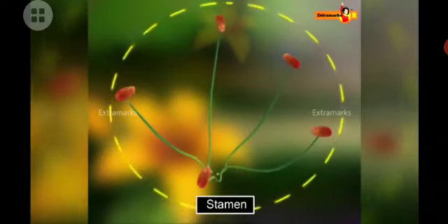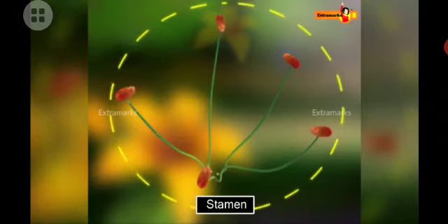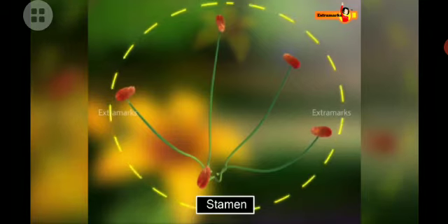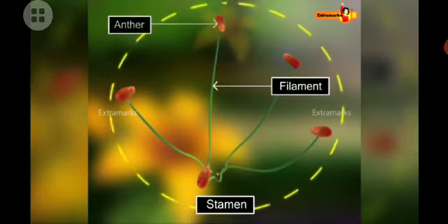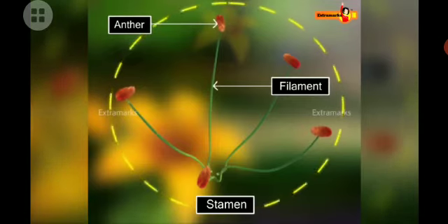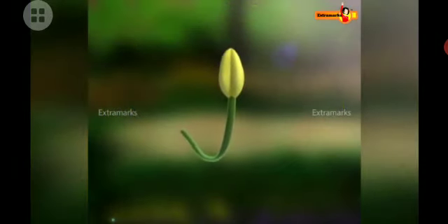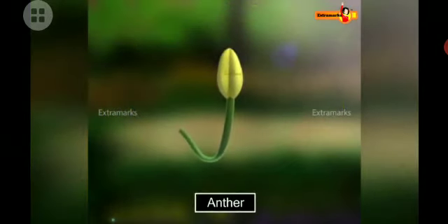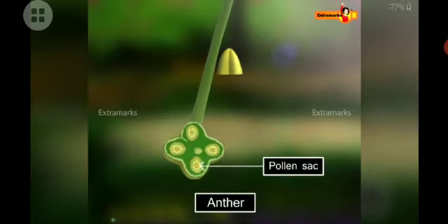The stamen is a cylindrical, stalk-like structure which consists of a proximal sterile part called the filament and a distal fertile part, an anther. The anther consists of 4 microsporangia, also known as pollen sacs.